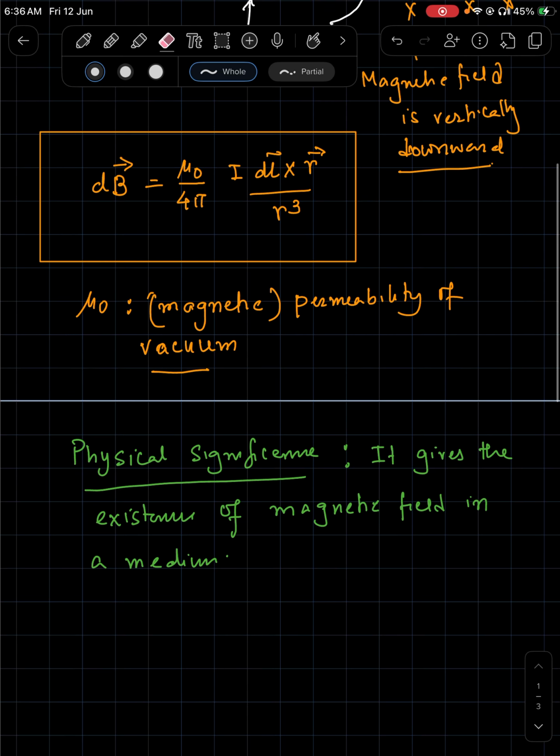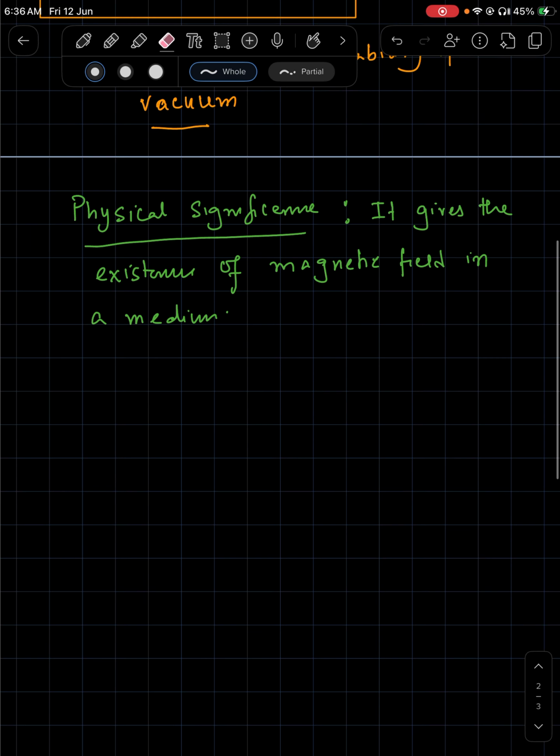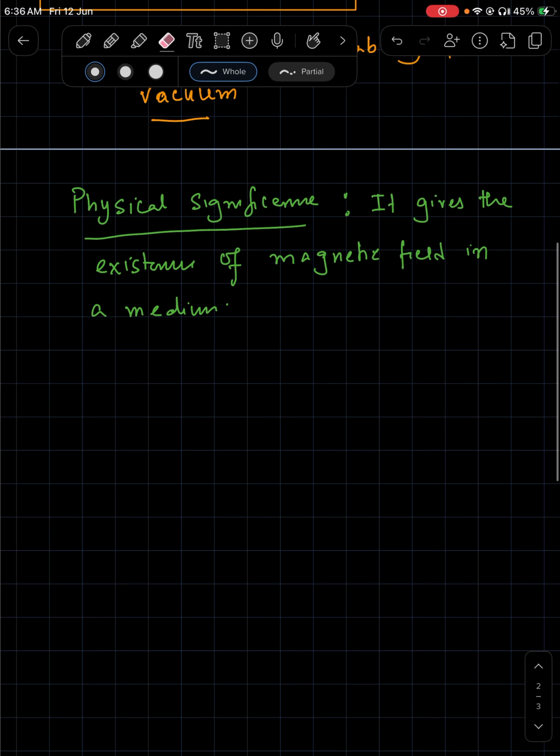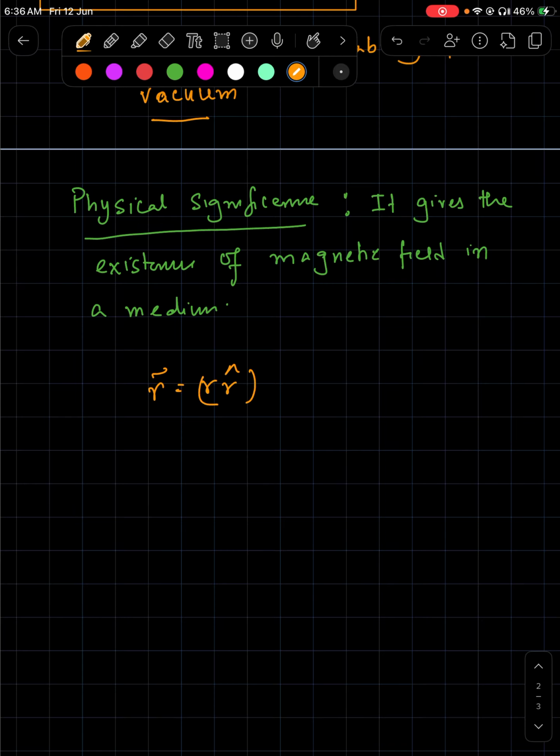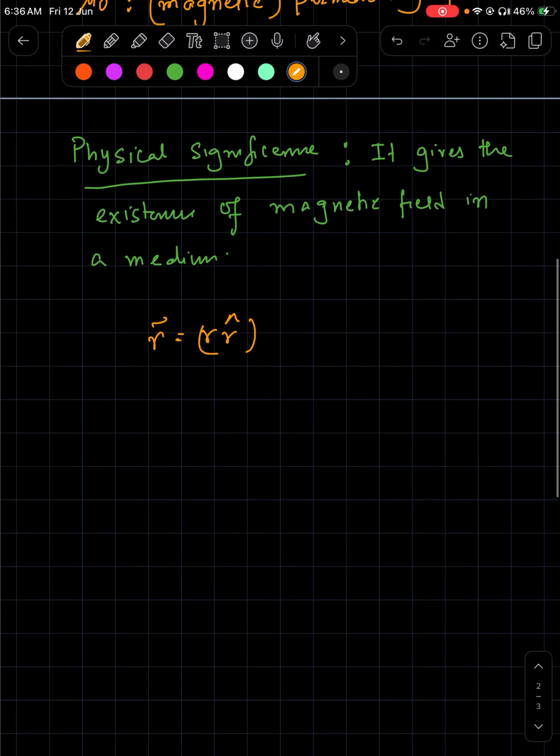So now I'm going to simplify this particular expression one step ahead. I'm just writing that the r vector is r into r cap. We can always write any vector as the magnitude of the vector into its unit vector.